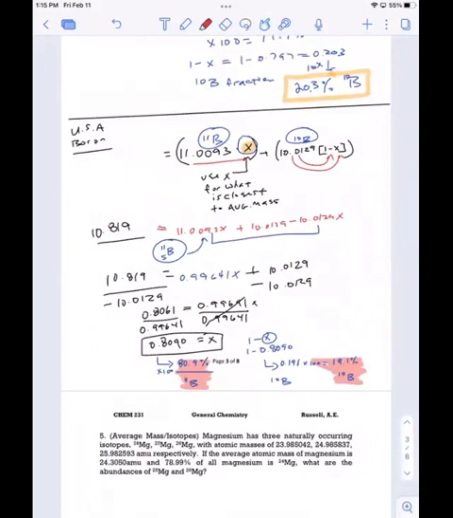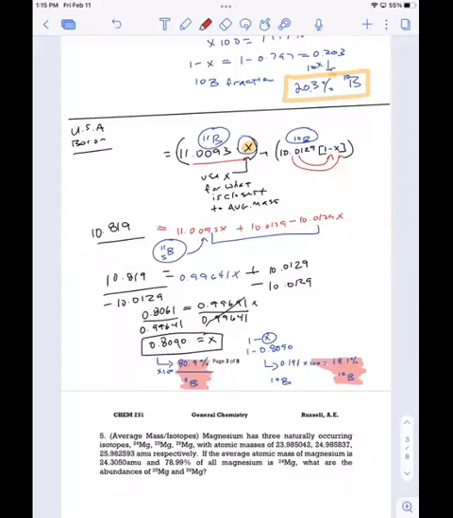Normally we'll have all the fractions and all the isotope masses and have to figure out the average atomic mass. But in this case, we had the average and no fractions, but we could solve for the fractions by making one of them X and one of them 1 minus X.